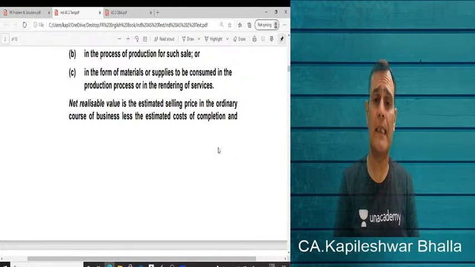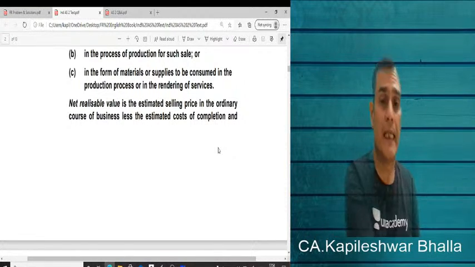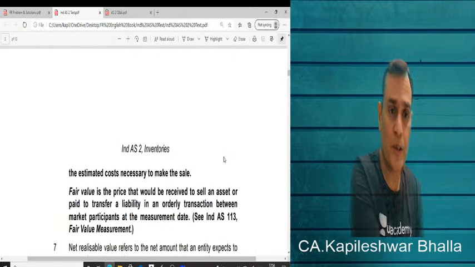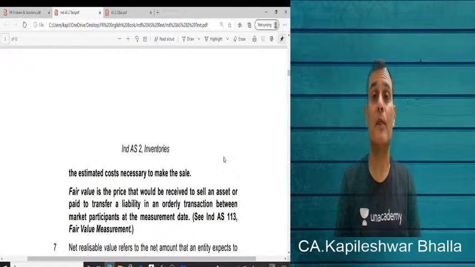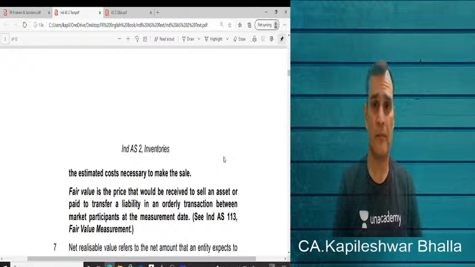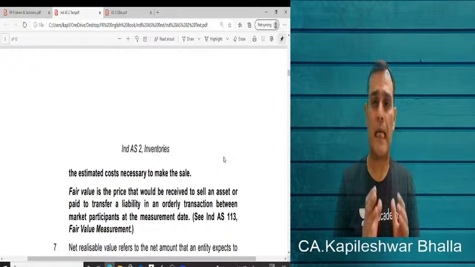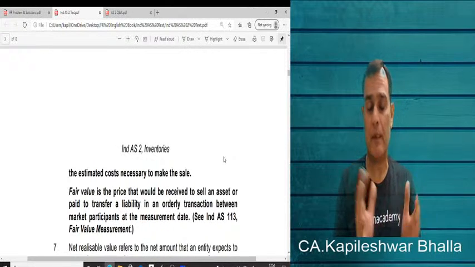So it says it is the estimated selling price in the ordinary course of business, less estimated cost of completion, and there is another cost which is reduced, called estimated cost necessary to make the sale. If you technically ask me, I would say this definition of NRV is applicable to finished goods and applicable to WIP.